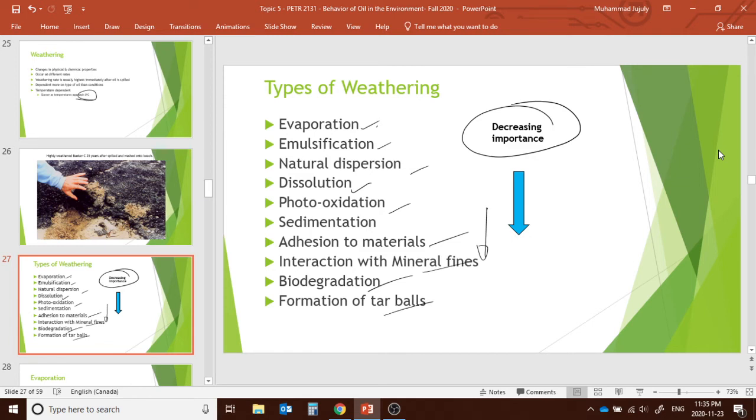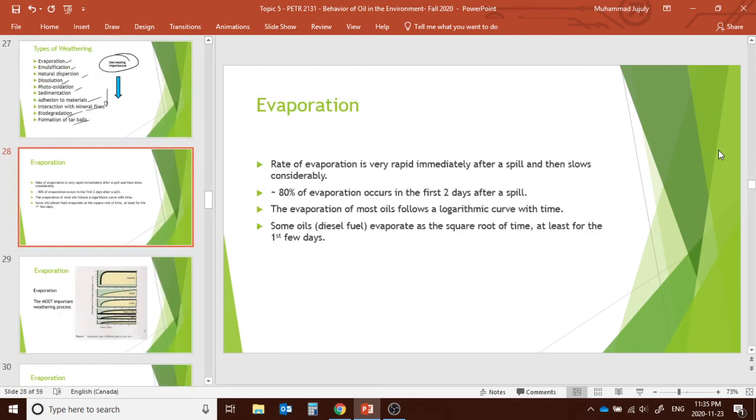Let's see what these weathering effects are. Evaporation we know already. The rate of evaporation is very rapid immediately after a spill, and then it slows down considerably. Why? Because, for instance, take a light crude oil.